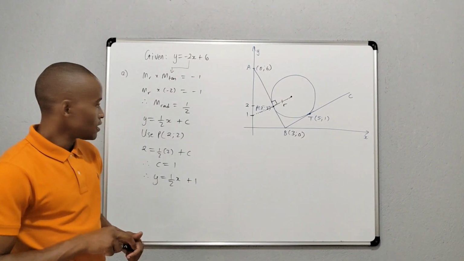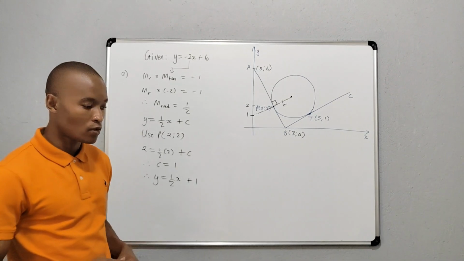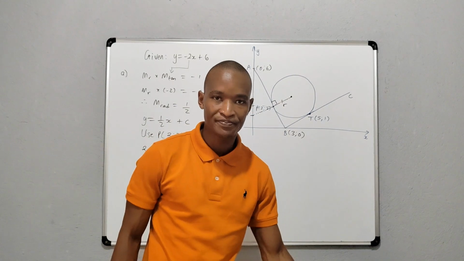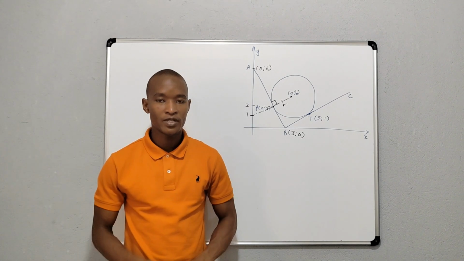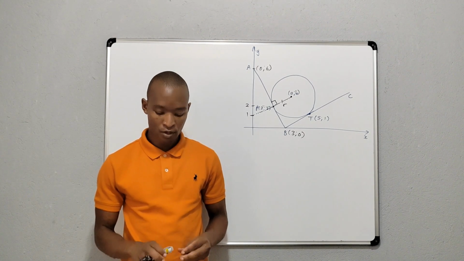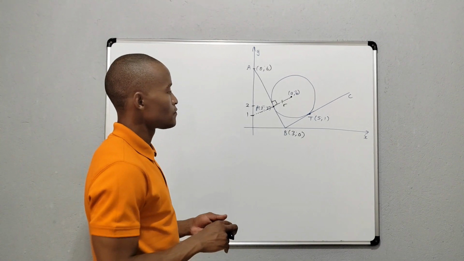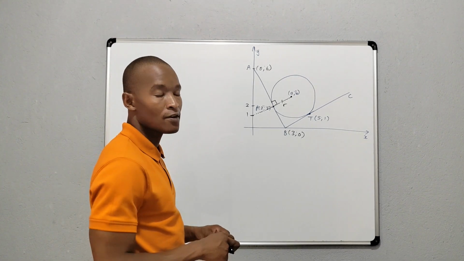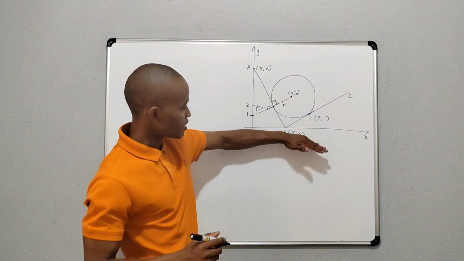Alright. Let's go to the second part of the question, 12b. Take a look. Okay, so we have a complex question that we need to respond to now. We are looking for the minimum distance from the circumference of the circle to the x-axis. Where's the x-axis?